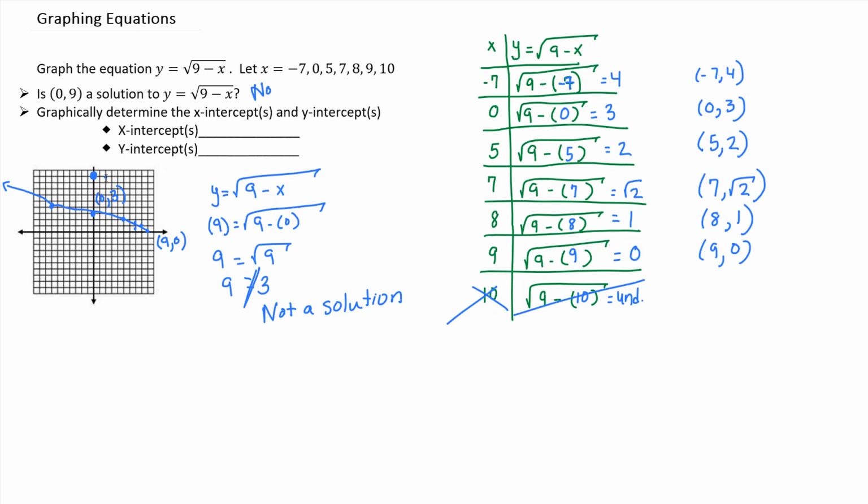So the x-intercept is 9, 0, and the y-intercept is 0, 3. It's possible to have more than one for each, recall. But that's just other pieces of information you can glean from the graph after you graph it.